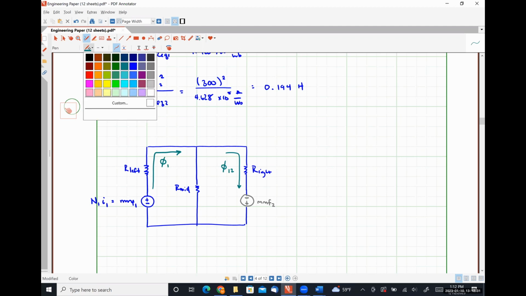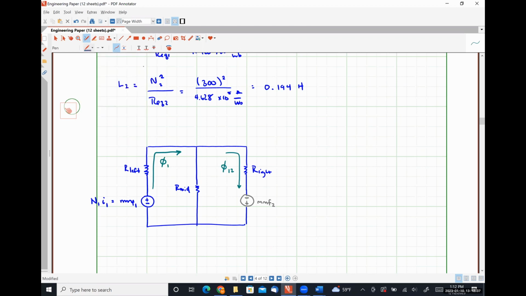Now, as a separate thing, because this is going to tell us the sign of our mutual inductance, this is the direction of the flux that would be produced by coil 2. Since flux 1, 2 and flux 2 are in the same direction, our mutual inductance is going to be positive. If they were in opposite directions, it would be negative.